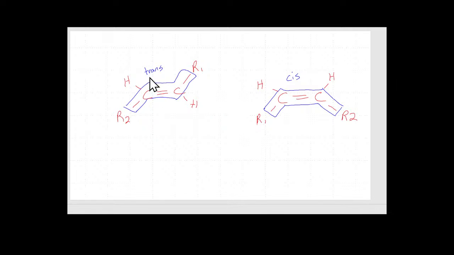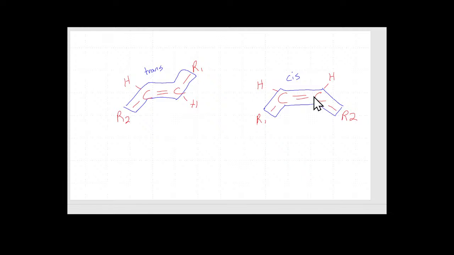In the 1980s, when I was a kid, people would eat a lot of margarine or oleo, and butter was considered unhealthy. Well, margarine and oleo and other things have this trans conformation. It's an unnatural conformation, and it turns out that unnatural fats were actually not good for your heart.